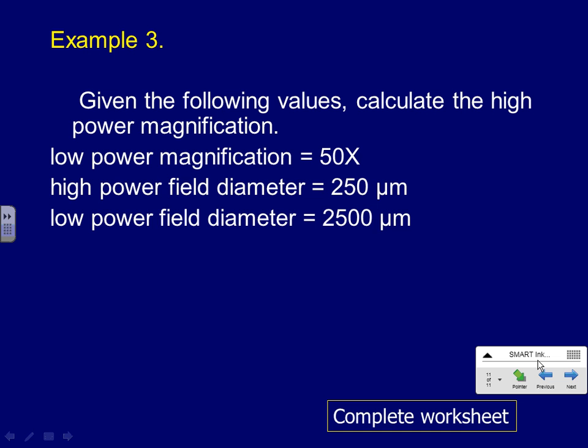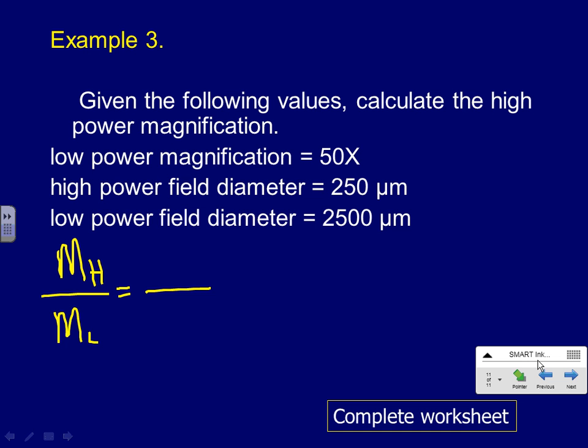So if I'm looking for MH, I'm going to write it down first. What has to go underneath it? ML. Now, because it's an inverse relationship, which of the D's will go on the top?